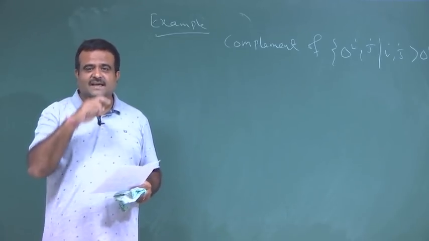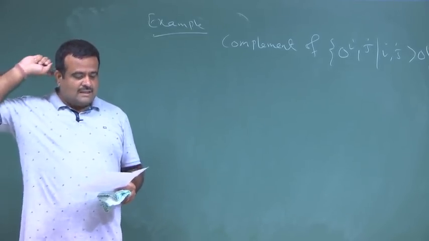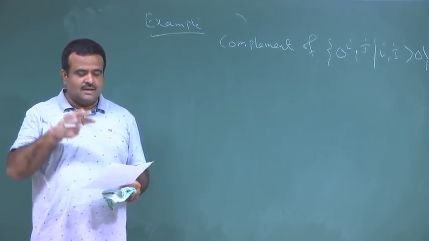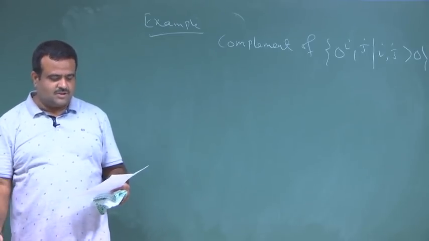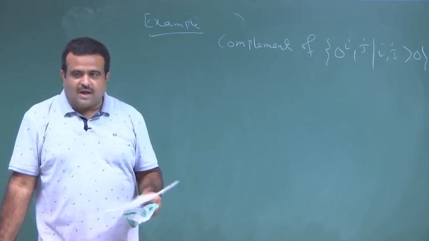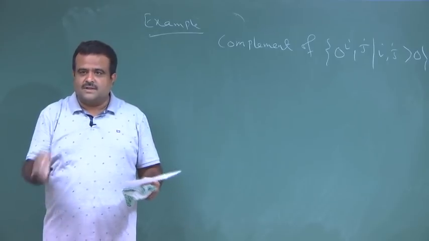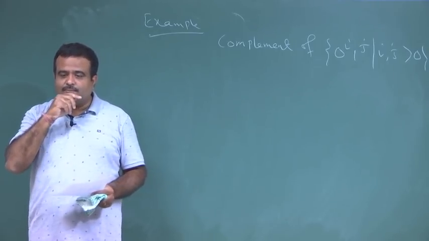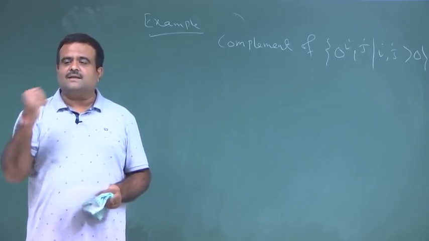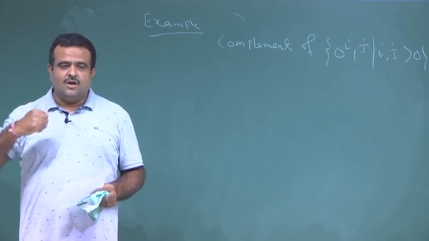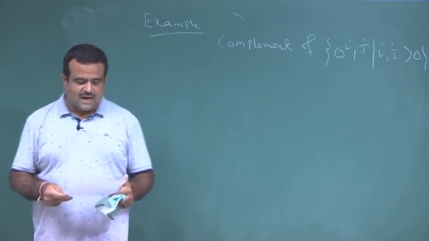So, there are three cases. In one case, the string somewhere has a 0 again following a 1, like this. So, this is 0 and 1 out of order, that is one possibility. Another possibility is we have only zeros in the string, and the other possibility is we have only ones. Those make up the complement.